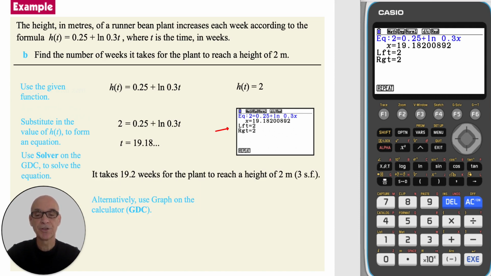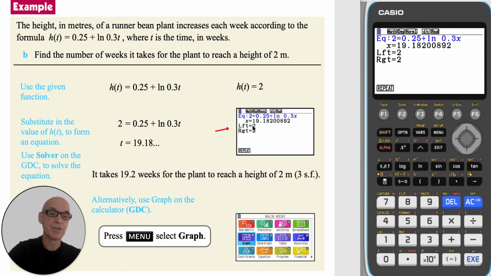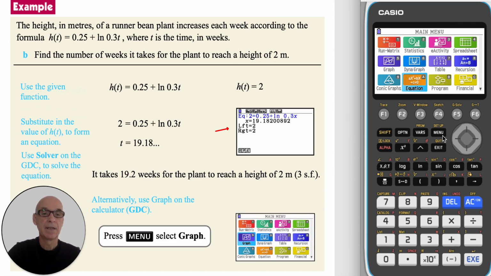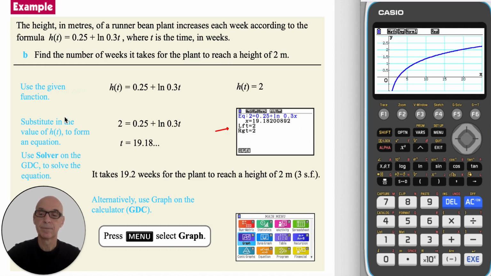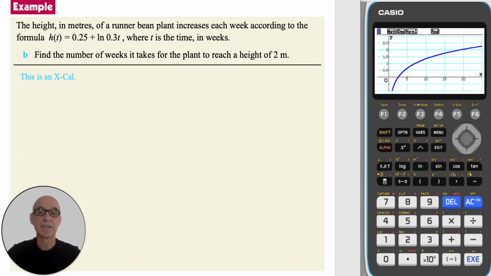Or, alternatively, we can use graph on the calculator. So returning to the main menu and selecting graph, pressing F6 to draw the graph again. Since we want to find time, which is represented by x in the equation, this is an x calculation.